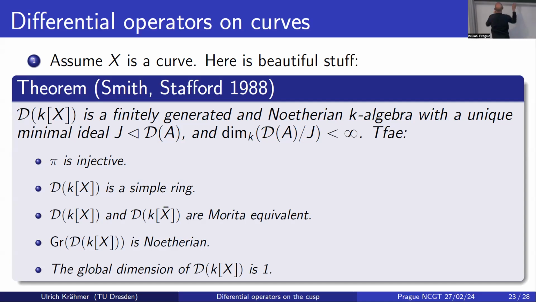If you deform that further to the nodal cubic, x squared plus x cubed equals y squared, it is still true that the normalization is the affine line. So the differential operators all still live inside the differential operators on the Laurent polynomials, but the condition with the J is not satisfied. So here we do not have this Morita equivalence. A natural next question would be to test whether it really hinges on this Morita equivalence or whether we also get a Hopf algebroid structure on this. But no, I'm afraid I don't have a good explanation.